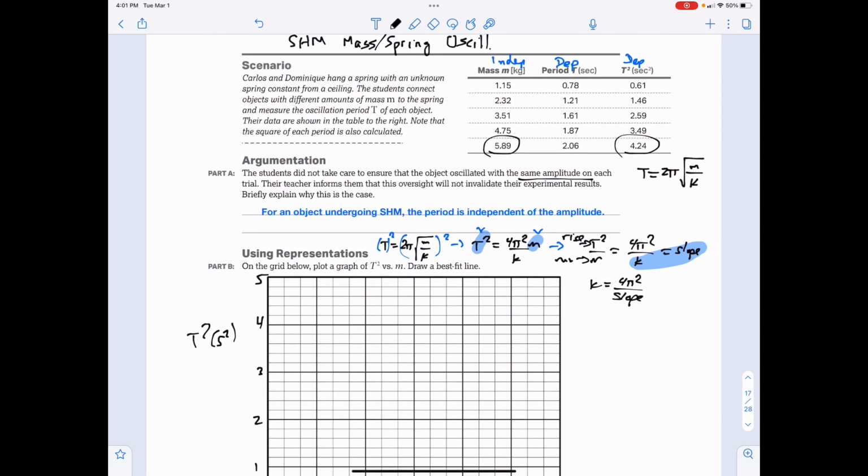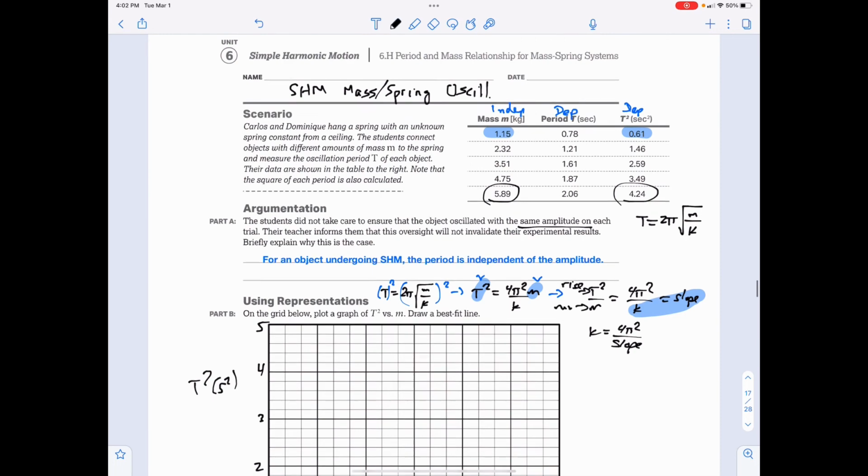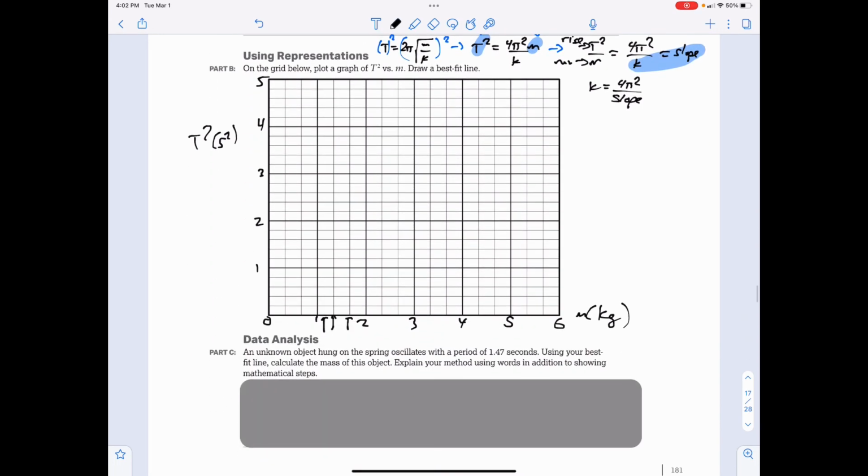Let's plot them one at a time. First I'm going to go over 1.15 and up 0.61. 1.15 would be about halfway between 1 and 1.33, and then go up about 0.6: 0.2, 0.4, 0.6, 0.8.